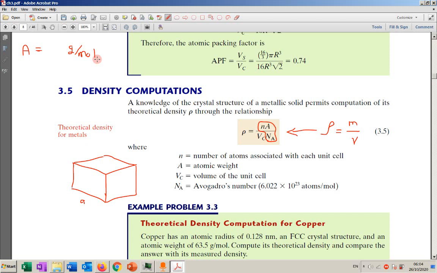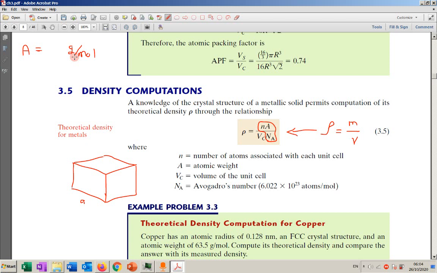We explained this one. So 1 mole of that element weighs that many grams. So let's say A is 50 gram per mole. We know that 1 mole of that element weighs 50 grams. Well, I don't want a mole. I want 1 atom. I mean the weight of 1 atom.